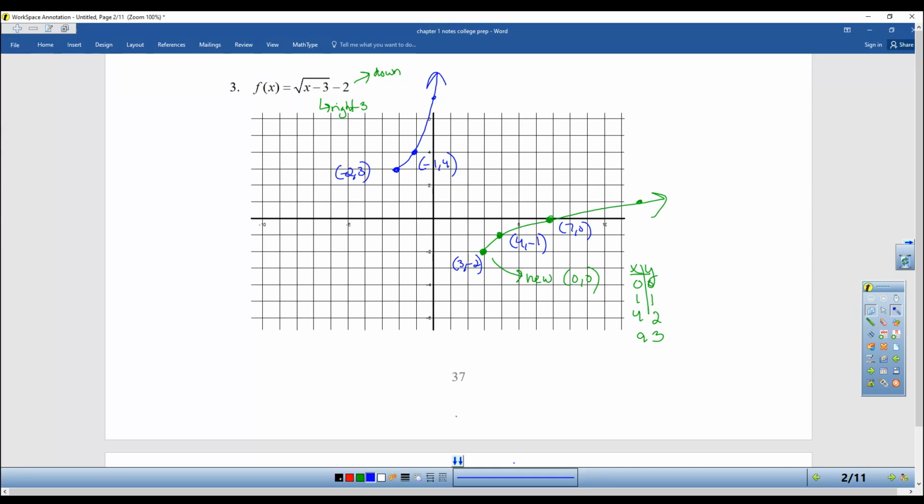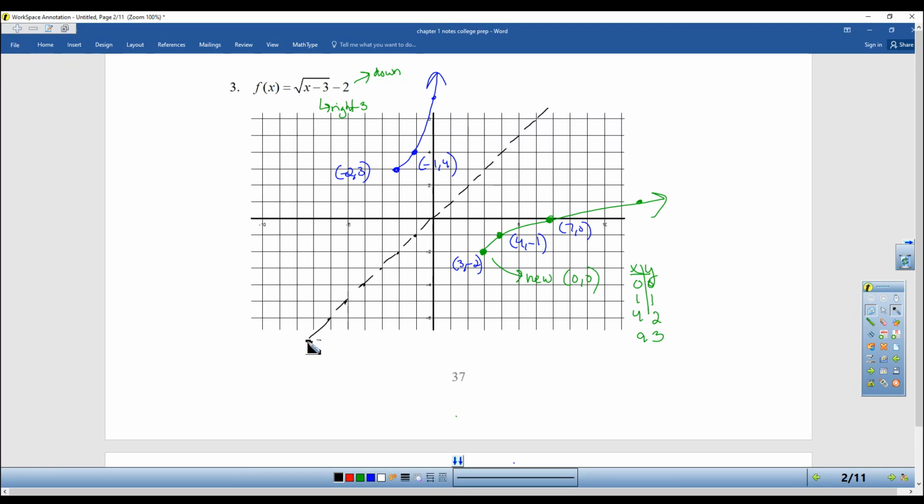So watch this. The line y is equal to x is right here. Be careful not to go to the corner. Make sure you go to these spots that are 1, 1, 2, 2, 3, 3.